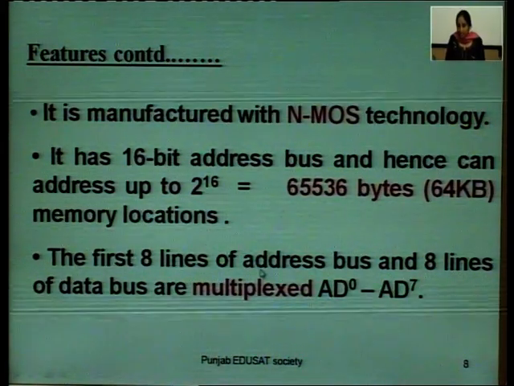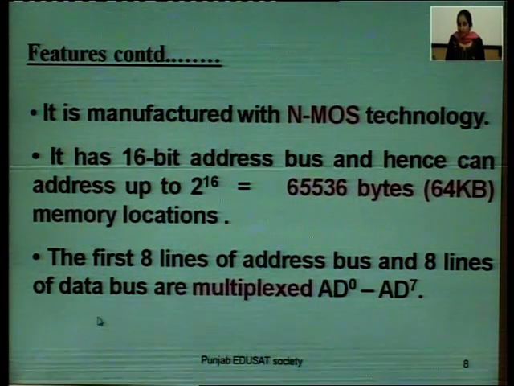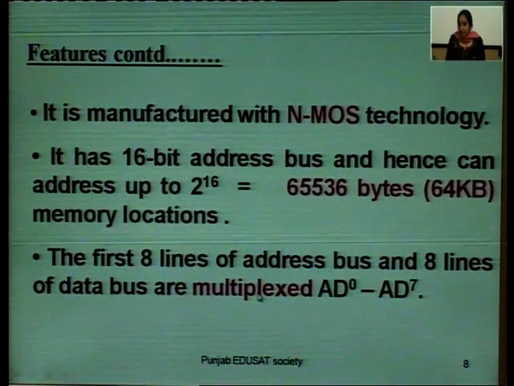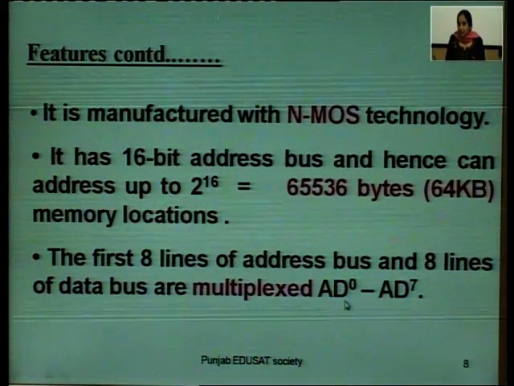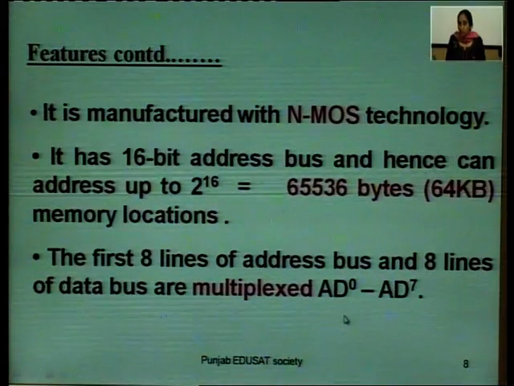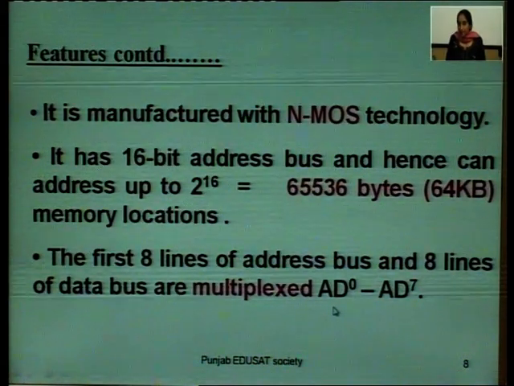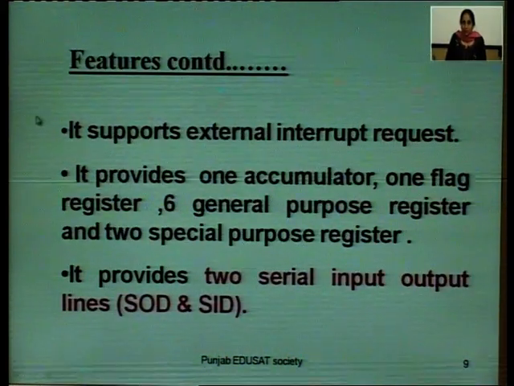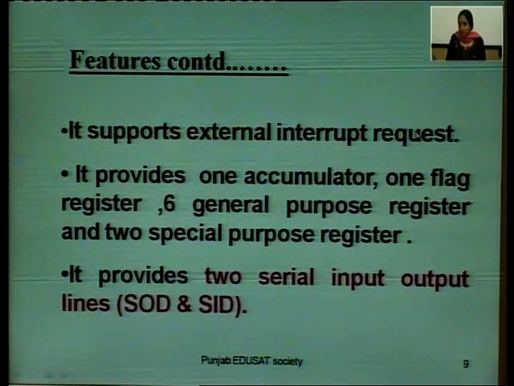The first 8 lines of address bus and 8 lines of data bus are multiplexed, that is the low order address bus is multiplexed, time shared. In first few cycles it is used as address bus, after that it is used as data bus. It supports external interrupt request.